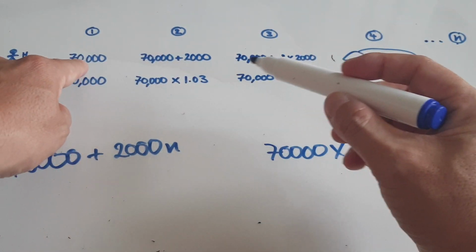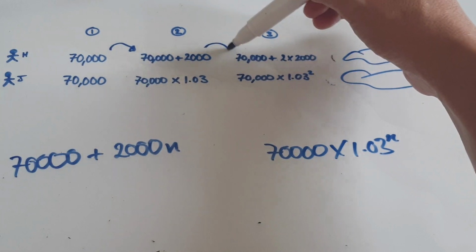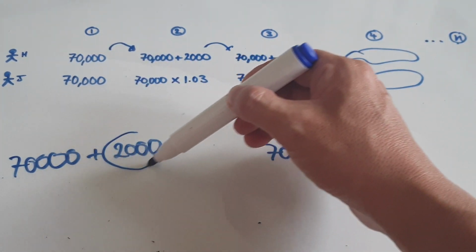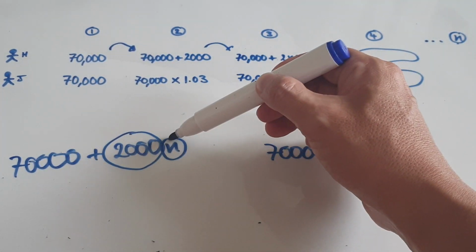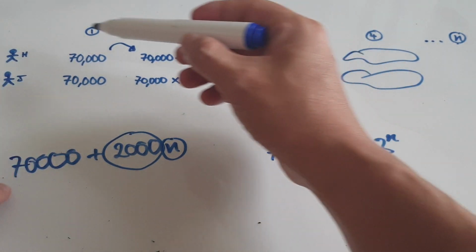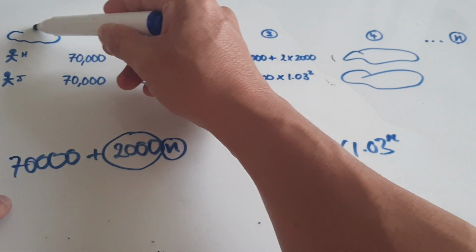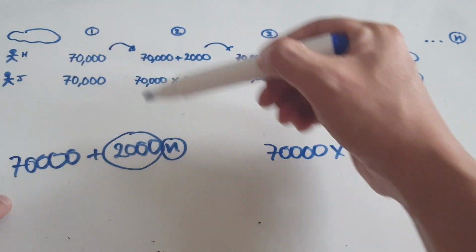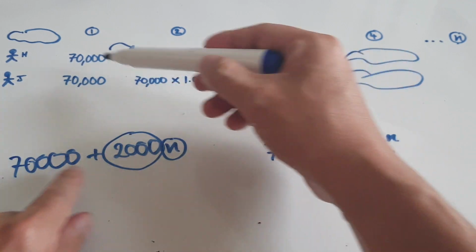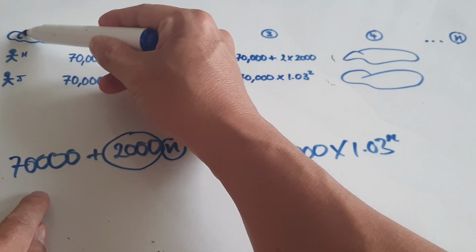Well, you would do this. So notice that each year you get an extra 2,000, so you're going to need this part here, 2,000 times n. But when n is 1, in the case of Helen, you need this special number out here, so that when n is 1, you get an extra increase of 2,000. You see, the number that goes in here would be 68000.